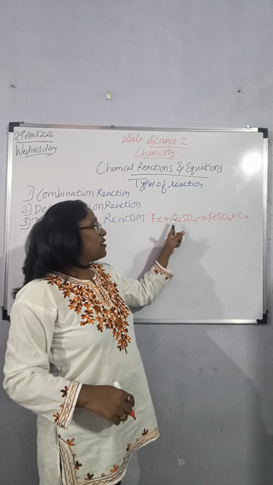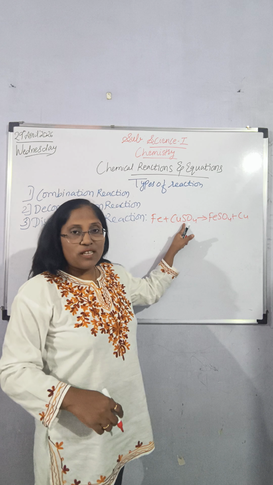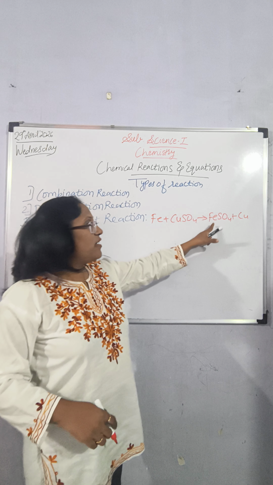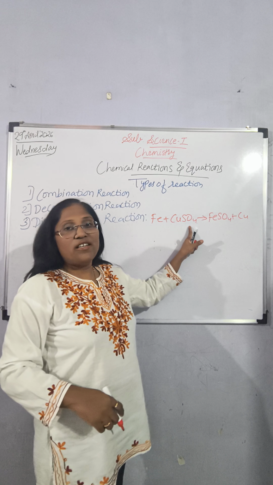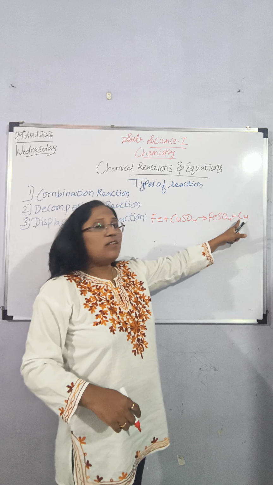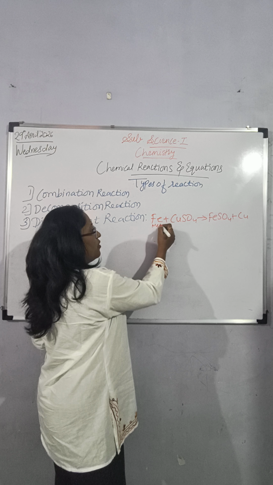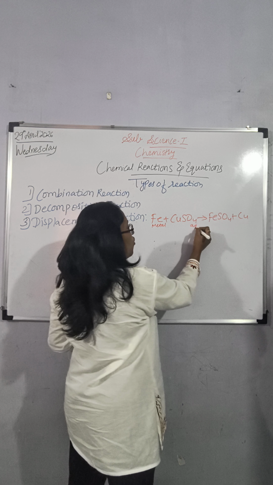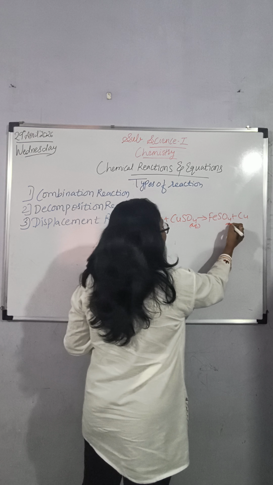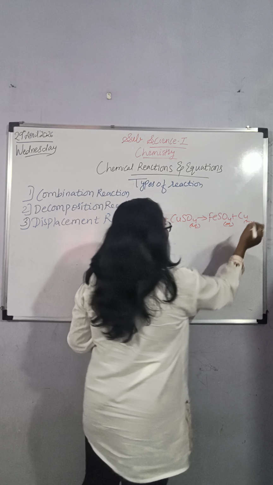So iron displaces the copper in copper sulfate solution, and what reaction takes place? Iron sulfate, we call it ferrous sulfate, plus copper. Here we take iron directly as a metal, and this is an aqueous solution of copper sulfate. Again, the ferrous sulfate becomes aqueous and the copper becomes metal.